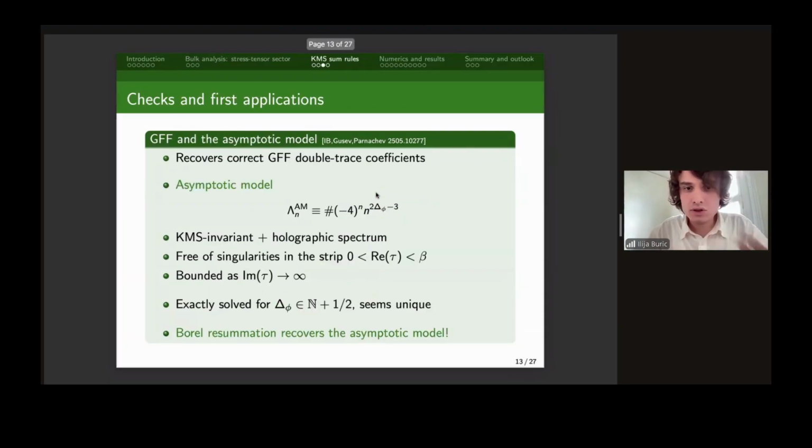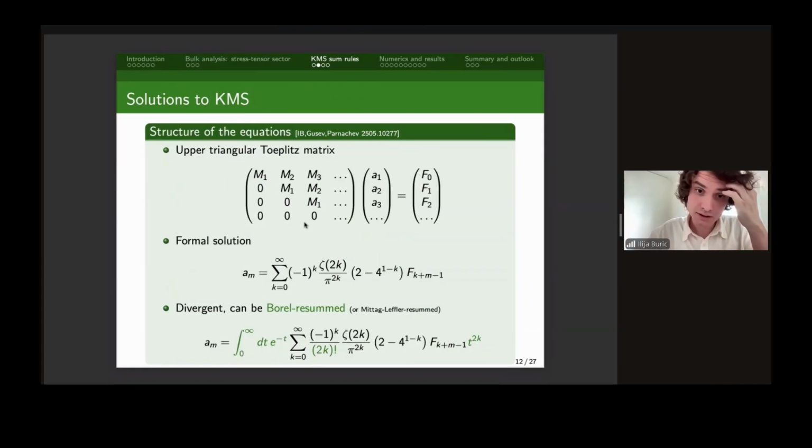And if you have a model which has these exact stress tensor coefficients, then in the equations, you can perform exactly the integrals and the sums and compute these coefficients am.